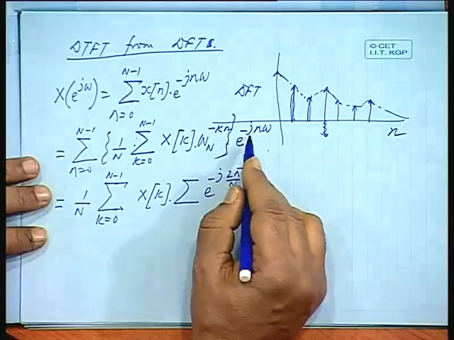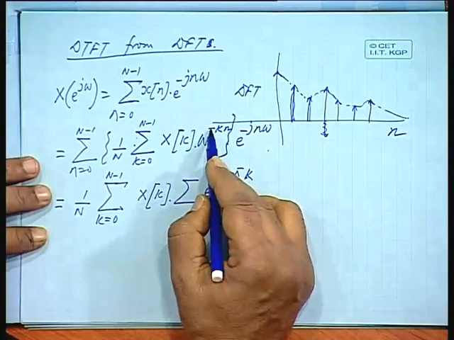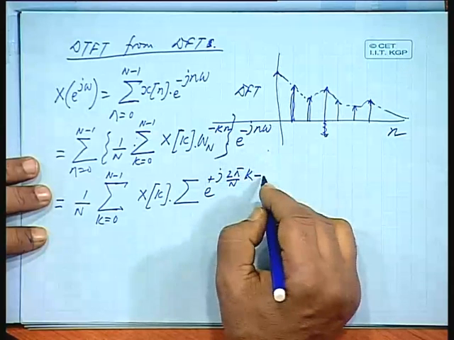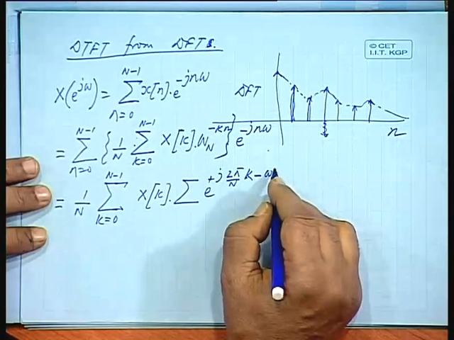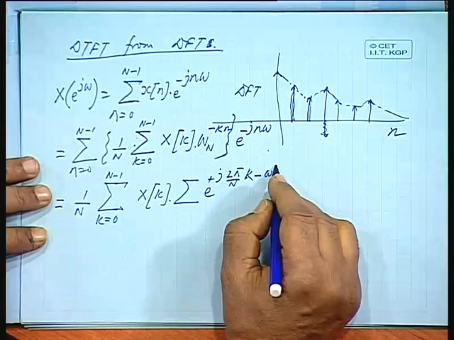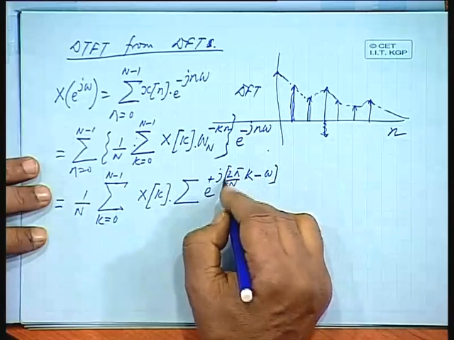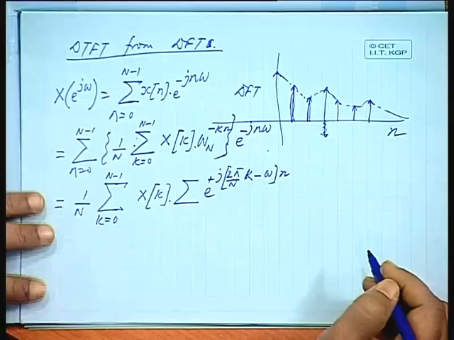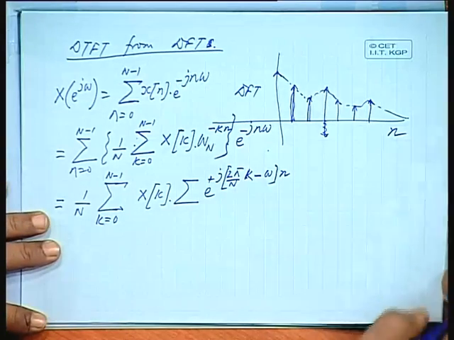Is this all right? This is minus, that means here it will be plus minus n omega. So, minus omega, whole thing into n. Is that all right? Is this okay?